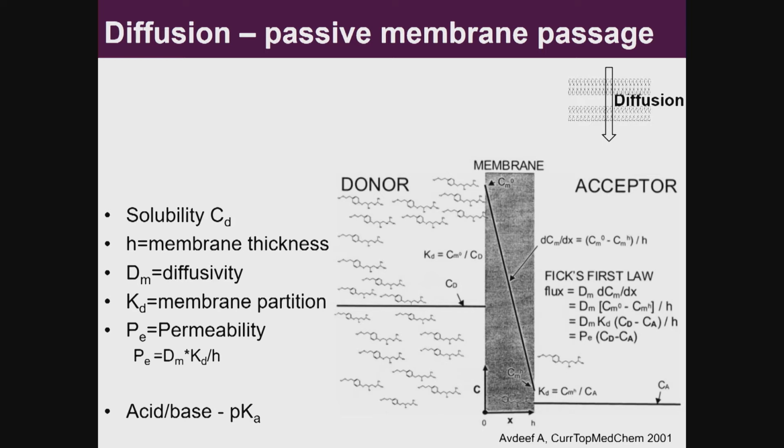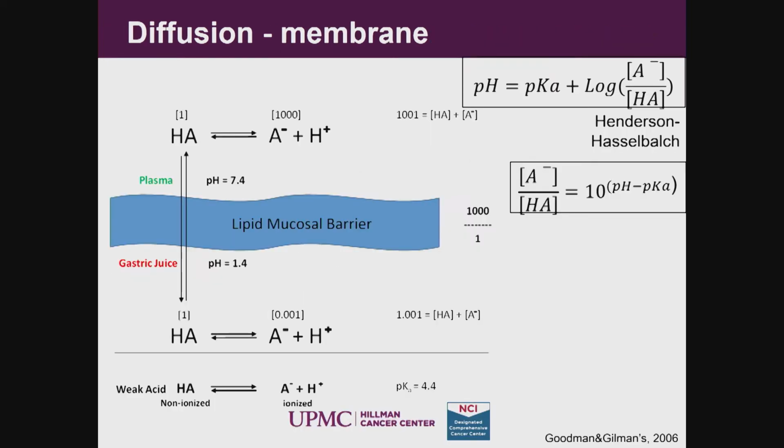Now of course, this doesn't take into account that molecules are not always in the neutral form. Only the neutral form passes membranes, but drugs are often acids or bases. And so I'll discuss this in this slide. This acid-base equilibrium is described by the Henderson-Hasselbalch equation, depicted here top right, and the ratio of the two forms, the chemical forms that occur, is described here, 10 to the power pH minus pKa.